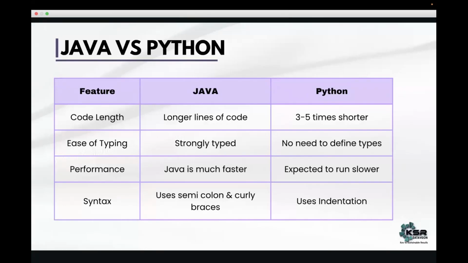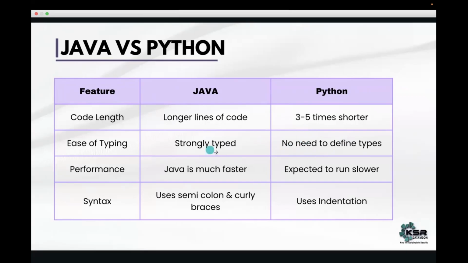Okay. Next is ease of typing. We have just seen what typing is. Typing is whether you have to specify the type or not, statically typed and dynamically typed. Java is strongly typed. That means you have to define types. Without a type, it will give a compilation error. But in Python, you don't have to define types. You can just put a equals 5. We have seen that example.